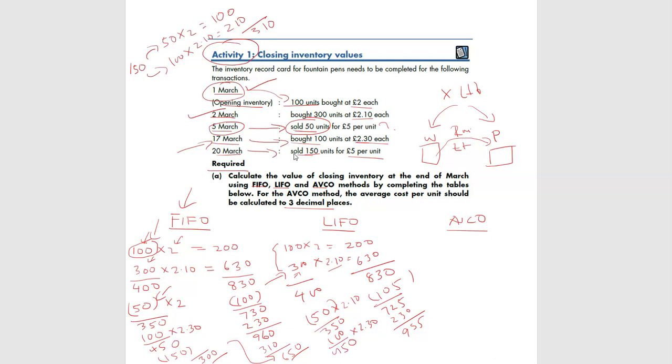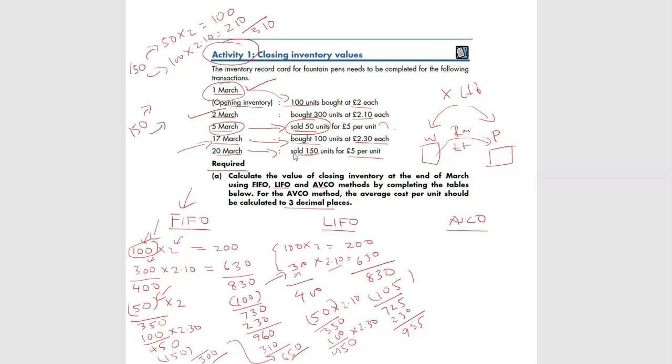And finally the last 150 I need to sell. Now this is the main thing, what will be the value for that? So let's do the workings here, 150. I have already used 50 unit from there, but after that I purchased another 100, isn't it?